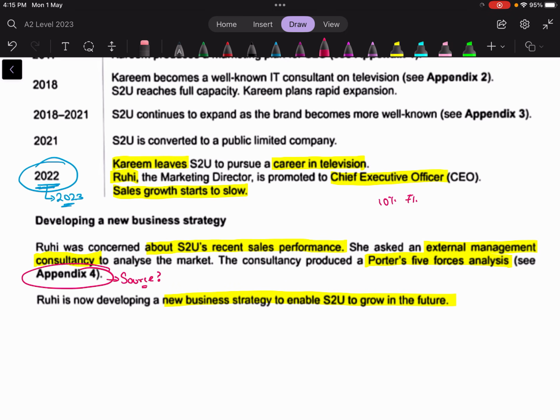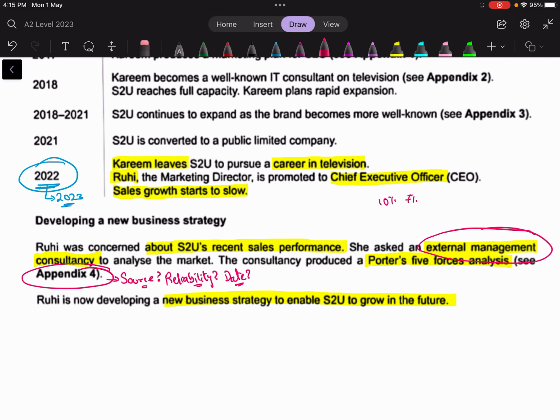Where did you get the information in the appendix? And once you've gotten the source, try to evaluate the reliability of the information and also when this analysis was conducted. Now, if you focus, the consultancy was external with no investment or stake involved in STU.